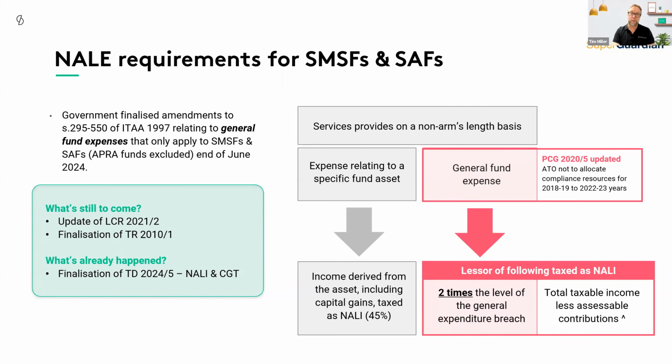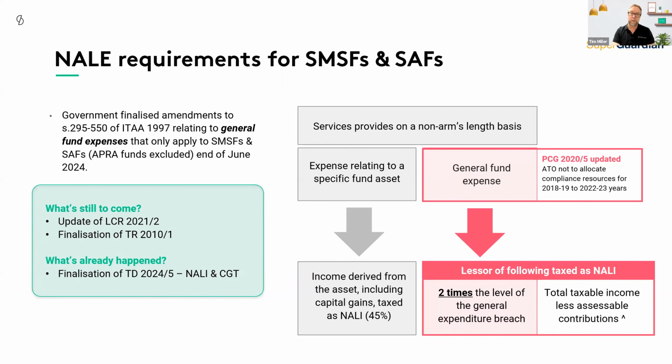So if we take the framework of LCR 2021/2 and link that up with the requirements under the legislative elements of it, where there is effectively a nexus between the non-arm's length expenditure and all fund income, so it's not a specific expense, then the original position that came out from the government was obviously that all of the income of the fund would be tainted as non-arm's length income.